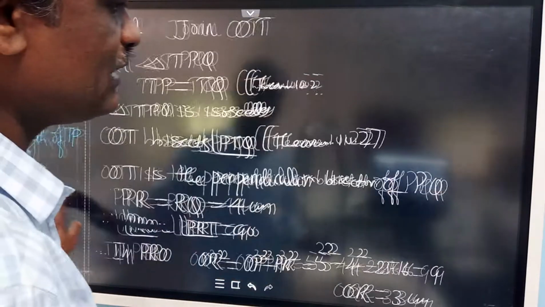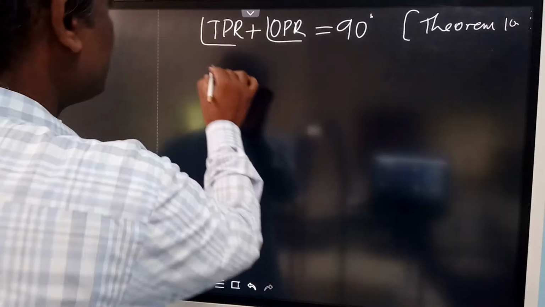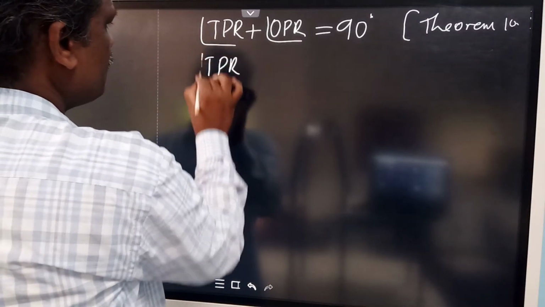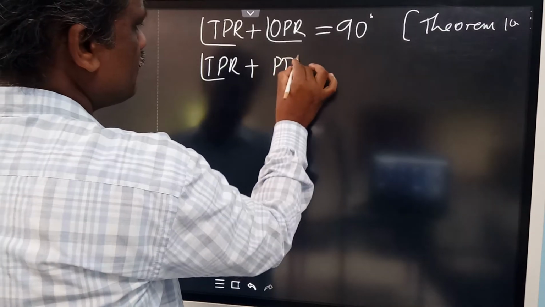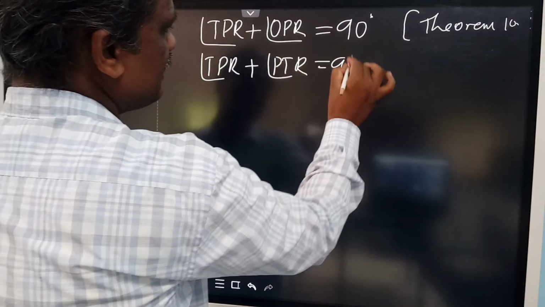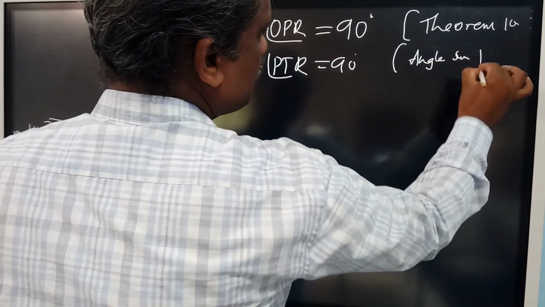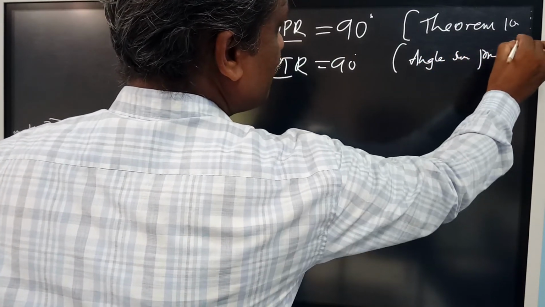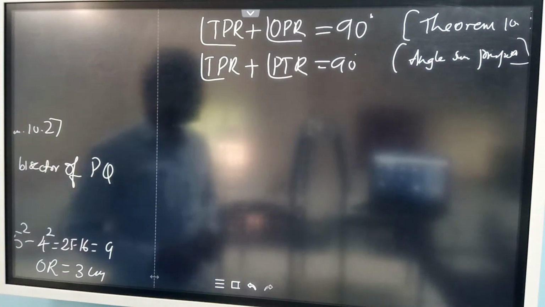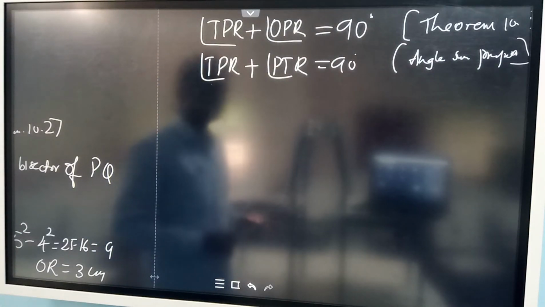TPR plus PTR is also equal to 90 degree. So you can write angle TPR plus PTR both are equal to 90 degree. So this is angle sum property. Because the third angle is 90 degree, one right angle, the remaining angles must sum to 90 degree.